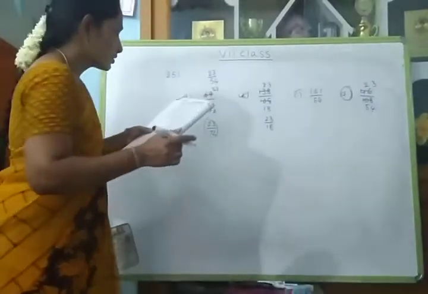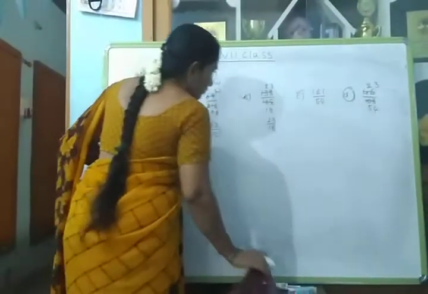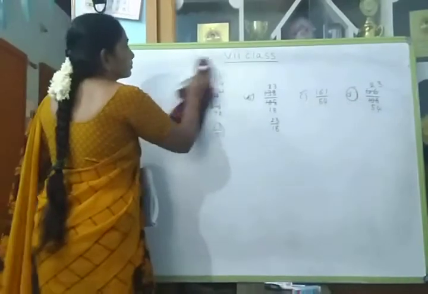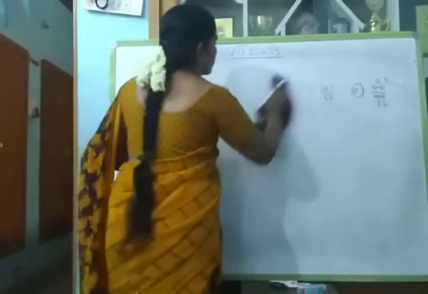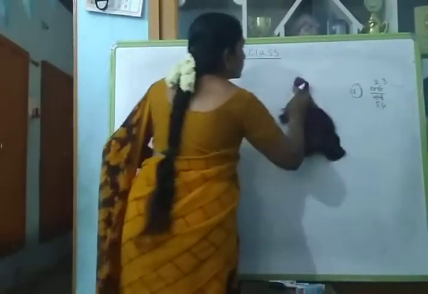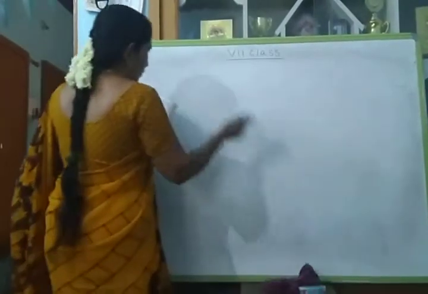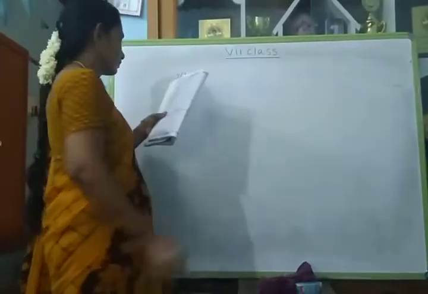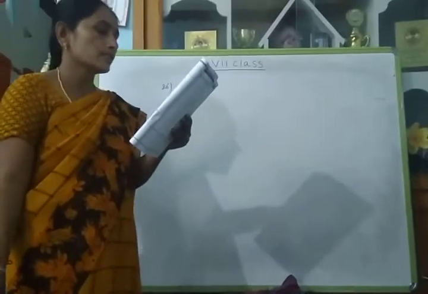Next, the 26th one. Look at the 26th one. Which of the following rational numbers are equal?